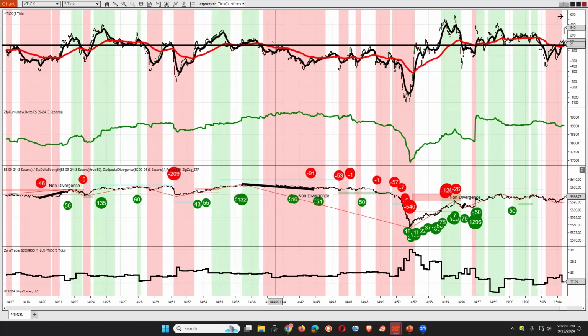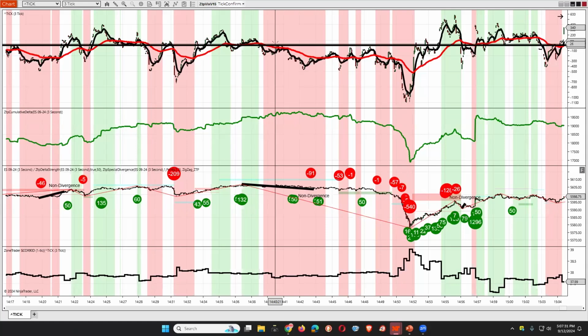So every symbol either has a -1 or a 1 associated with it. If somebody comes in and starts selling Microsoft hard, it's only going to reflect a -1 from Microsoft.